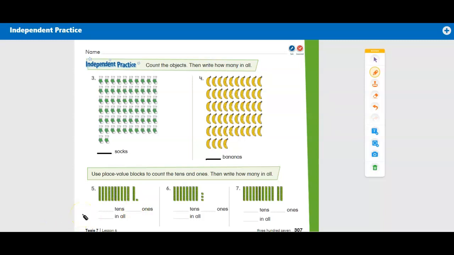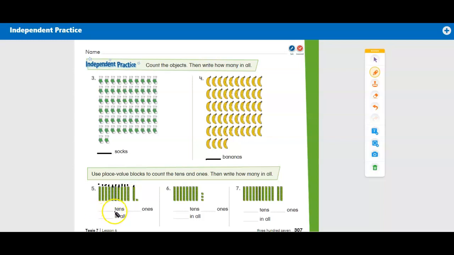Let's do number 5 together. We first begin by counting the tens. There are 1, 2, 3, 4, 5, 6, 7, 8, 9, 10, 11 tens.